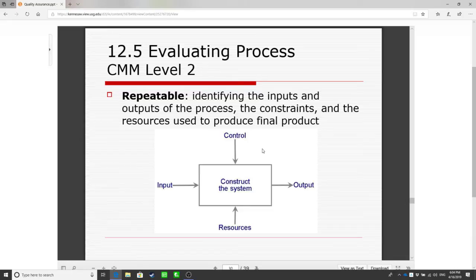So that's something called repeatable, because every time when we're doing this development, we kind of have the same model. But what happens inside cannot be seen here. So that's CMM2. If you want to go to CMM3, you need a more specific process within this big square, construct the system.